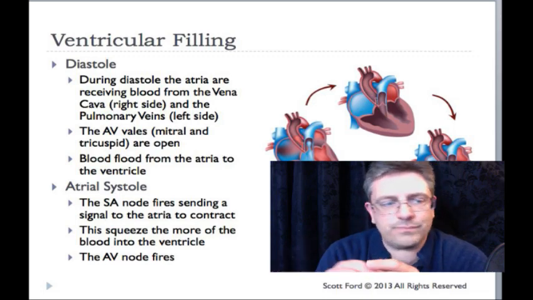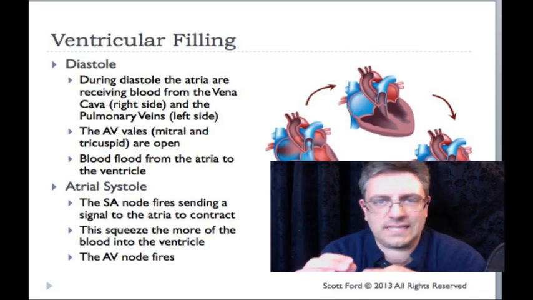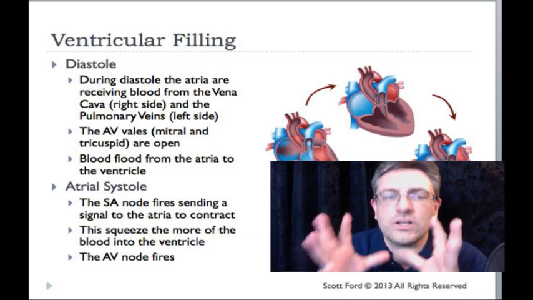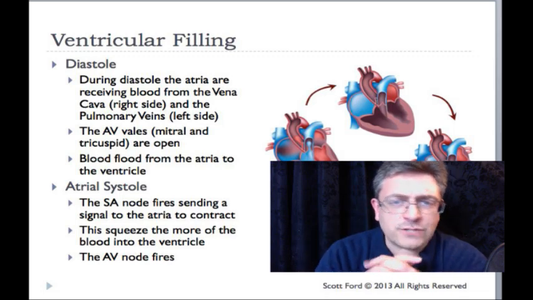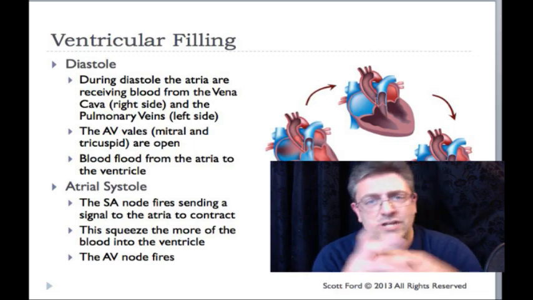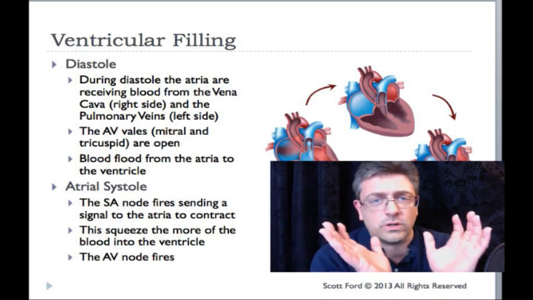Atrial systole. Systole, the S for systole, think squeezing. So when you see systole or systolic, the S is for squeezing. In atrial systole, the SA node fires, sending a signal to the atrium to contract. The atrium, the top part, is filling with blood, and then it gets the order to contract.